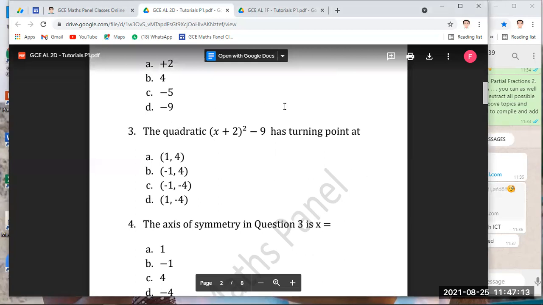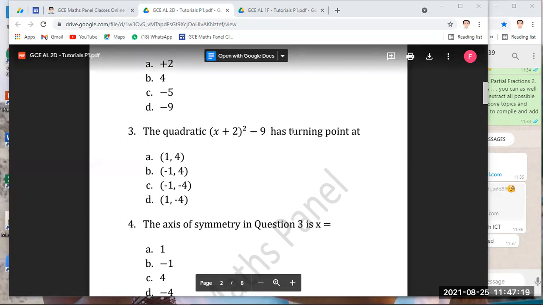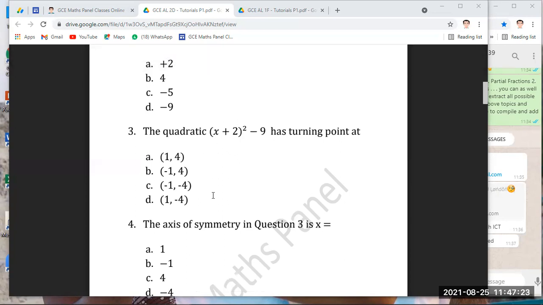All right, so for us to get the turning point here, welcome back, Roger. Sorry about your connection issue. So for us to have the turning point of this quadratic, what do we do? We already know that this -9 is the y value at the turning point.